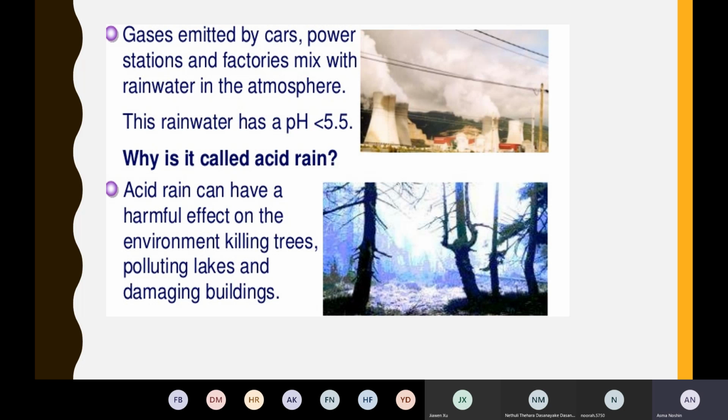So I was asking, okay, fine, we have acid rain, so can the soil be acidic also? One answer came yes. So if the soil is acidic, how can you make that soil useful for the plants to grow? This is my question. If the soil is acidic, fine, but we want to grow the plants. How will you do it?